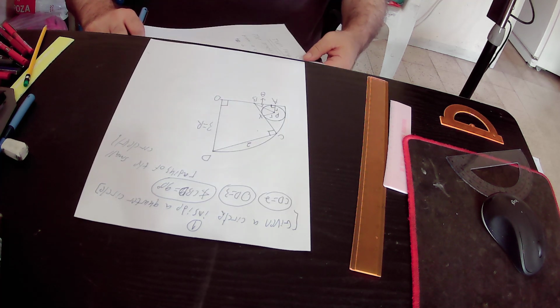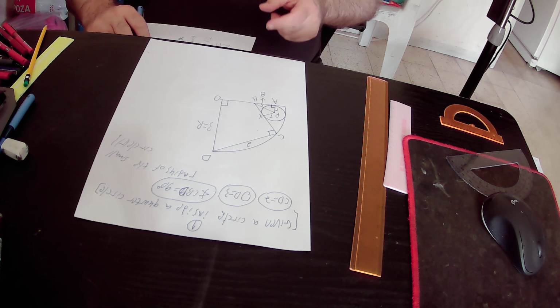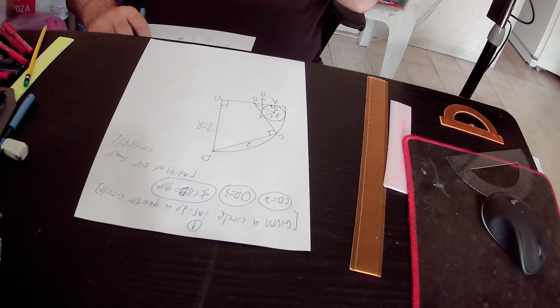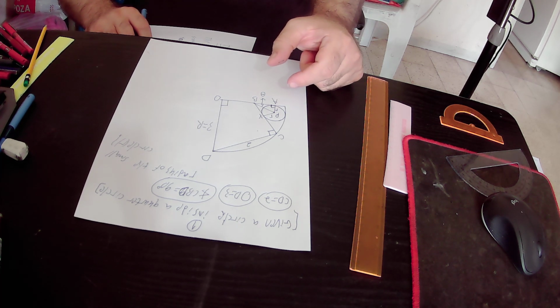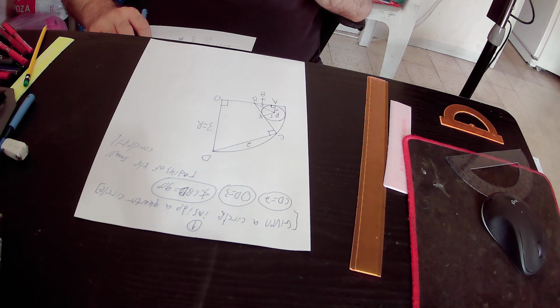Okay, so actually we have tangent AB and tangent BX.